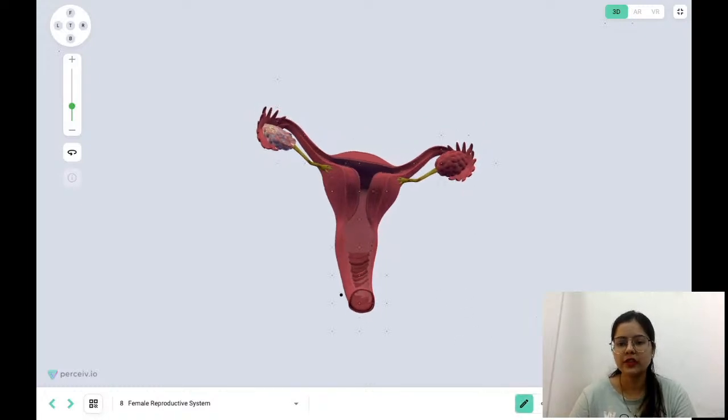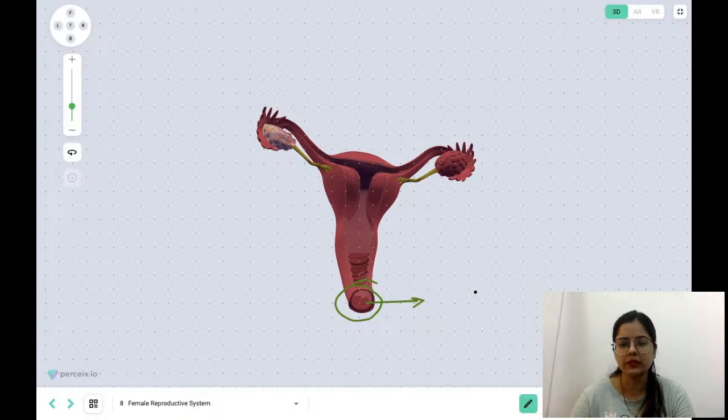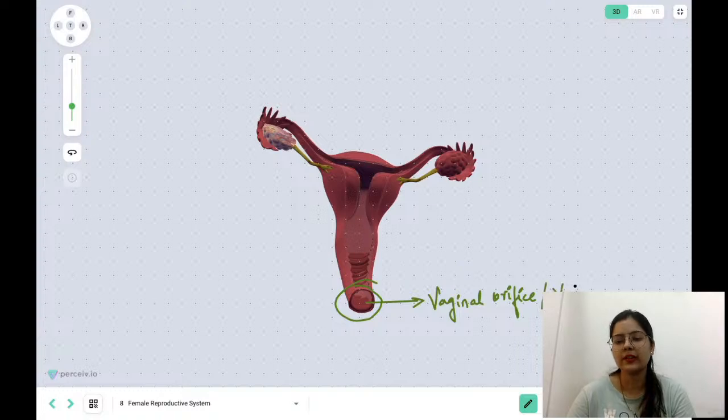So this section which you can see over here, this opening which you can see over here, this is called as vaginal orifice, which is your opening of vagina, also called as vulva. तो ये जो vaginal orifice होता है जिसको हम vulva बोलते हैं, this is your opening of vagina.